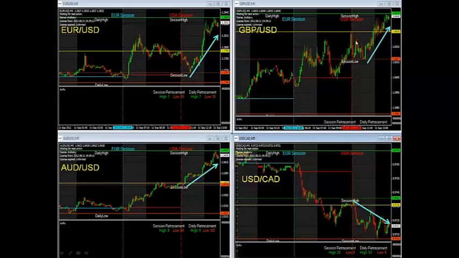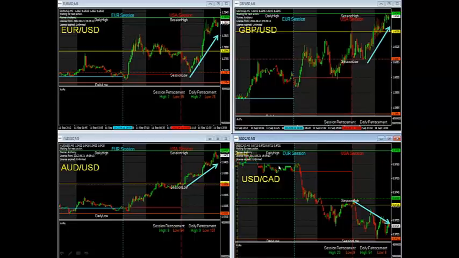Take a look at the GBP. It also moved lower from this yellow line to end up higher at the end of the session. Let's take a look at the Aussie. The Aussie doesn't have the drop at the beginning of the session, but it did end up higher, same as the euro and the GBP.